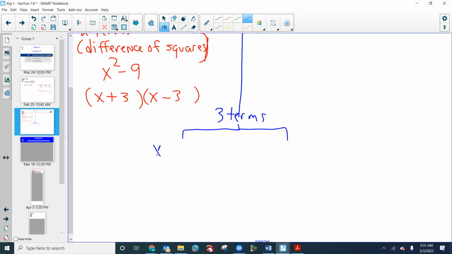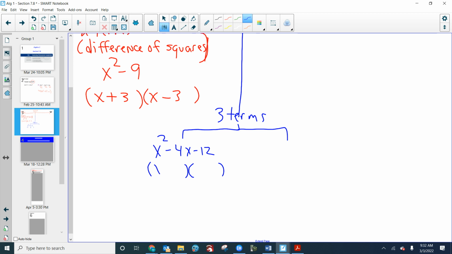I have my leading coefficient is 1, so I could get something that looks like this. Leading coefficient is 1. Well, what multiplies to -12 that adds to -4? Okay, if that's negative, it has to be plus and minus. So what do you guys think? What are my 2 numbers?